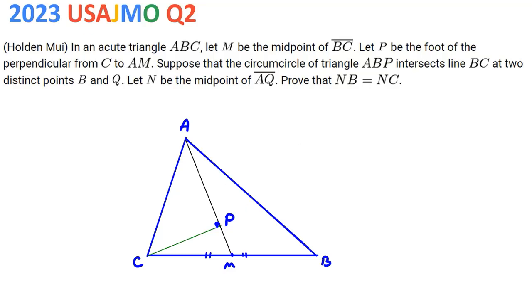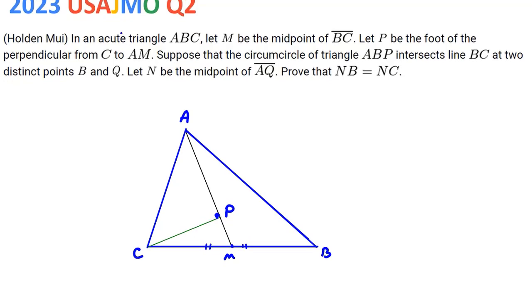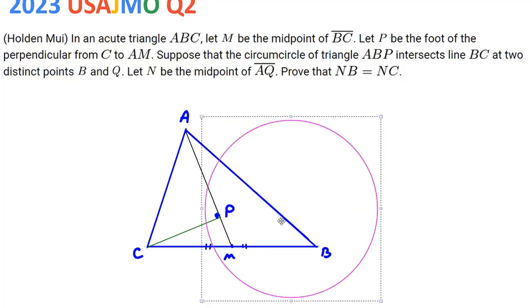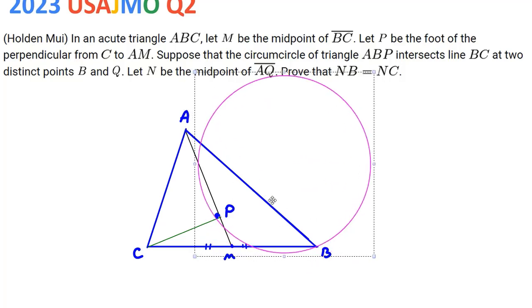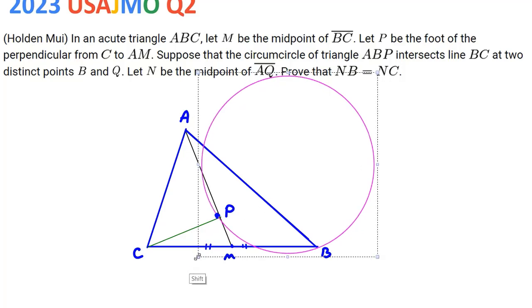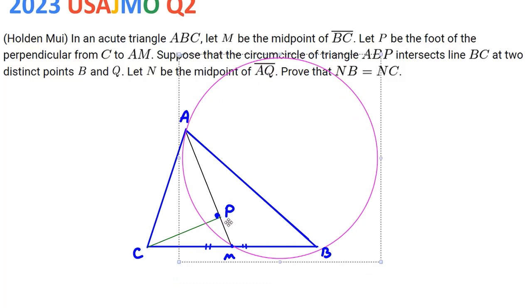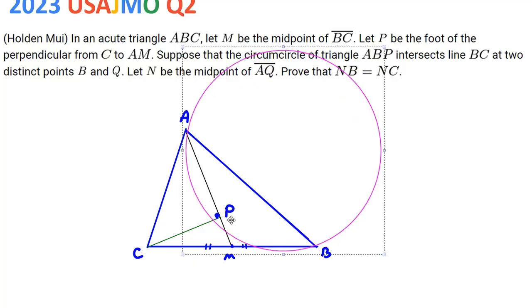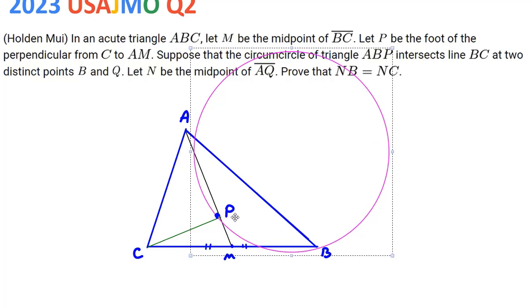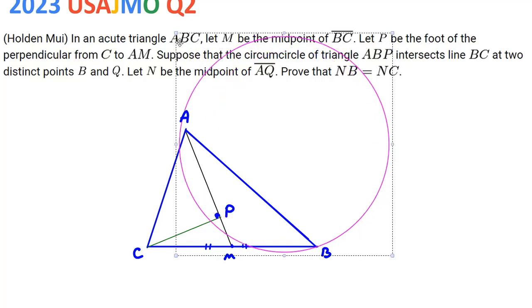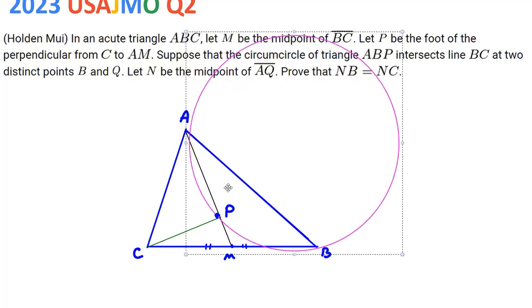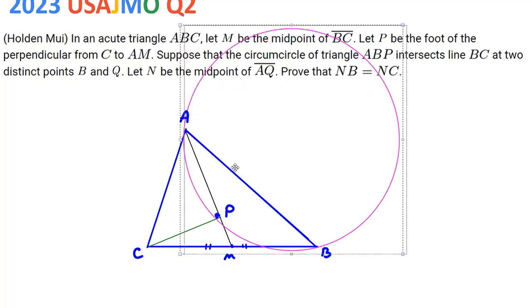So we should draw the circumcircle of triangle ABP, and we should enlarge it a little more.